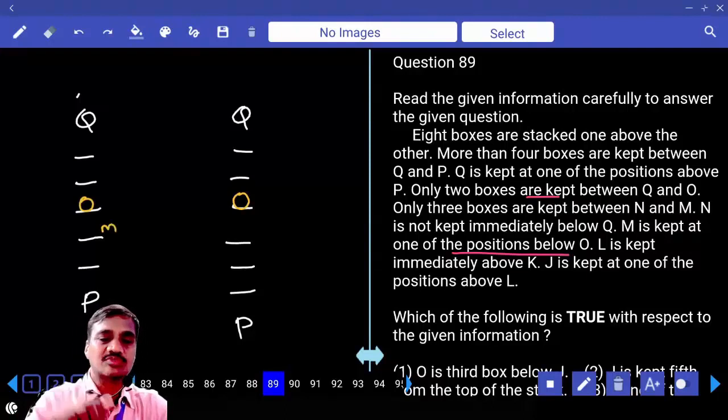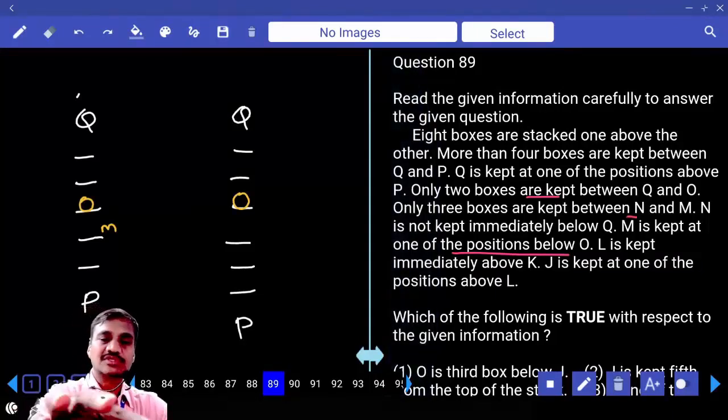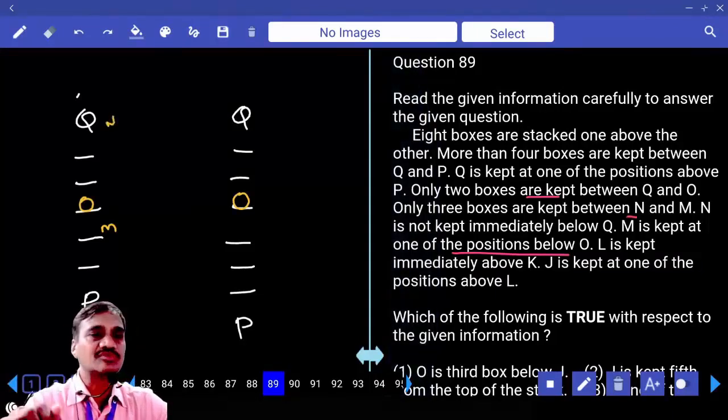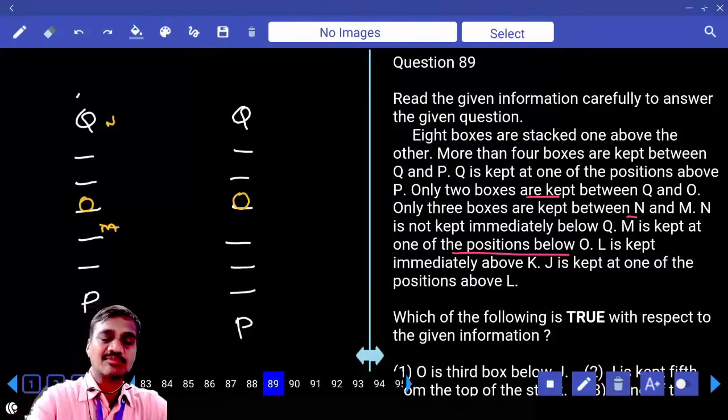Can we take M at this place? If M is here, now in between M and N there must be exactly 3 boxes. Then where should this N be? Q and N must be in the same place, which is not possible, isn't it? Because there must be exactly 3. Hence M cannot be here. And can we have N at this place? If N is here, 1, 2, 3, M will be at this place.